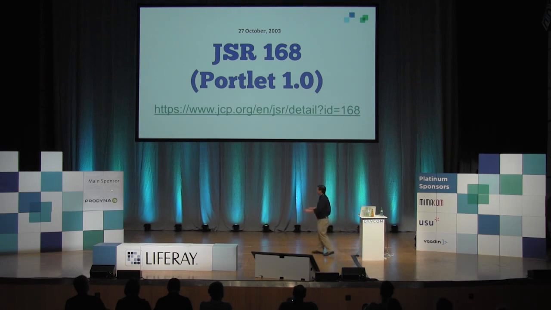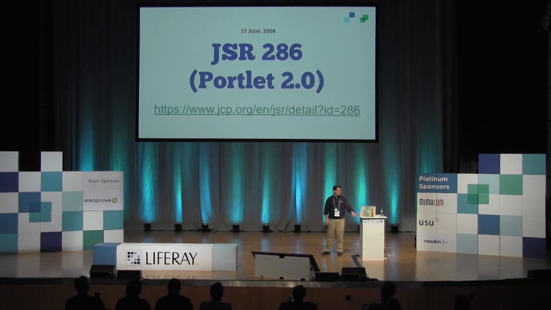Well, the standards we're focusing on right now is for Portlet. Portlet version 1 was first defined back in 2003. That was JSR 168. Who's been working with Portlet since JSR 168? Okay. And what we currently enjoy is Portlet 2.0, and that was in 2008. That was a very, very big release. And right now we're working on Portlet 3 under JSR 362.